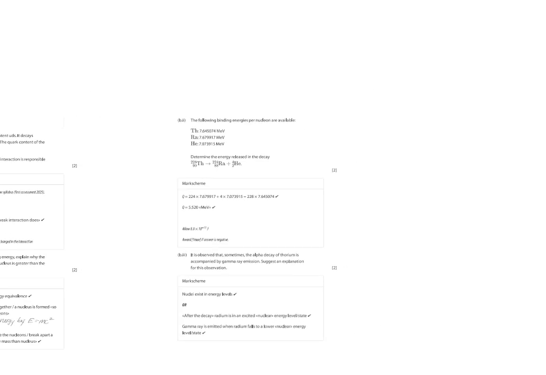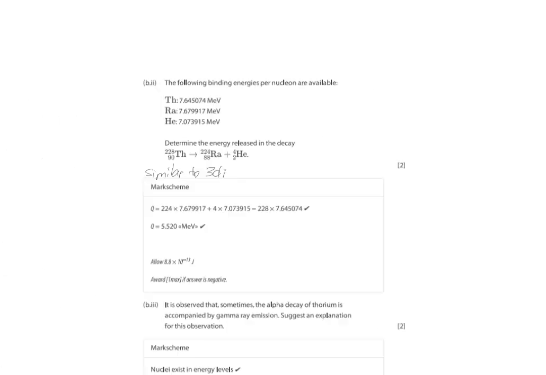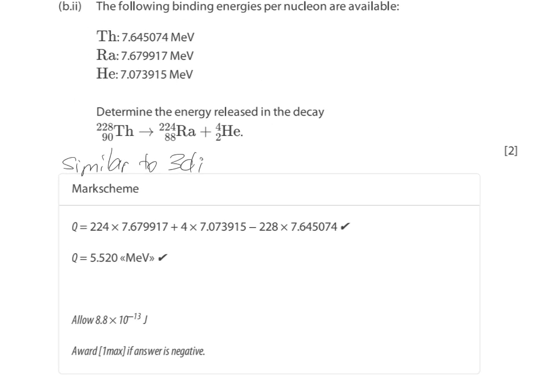What does BII have to say? So this question is very similar to 3DI. But anyway, we have thorium, radium, and helium, and it asks what's the energy released in the decay of thorium into radium and helium when we have the binding energies per nucleon for each of the nuclides. If we look at the mark scheme, it does the math for us.